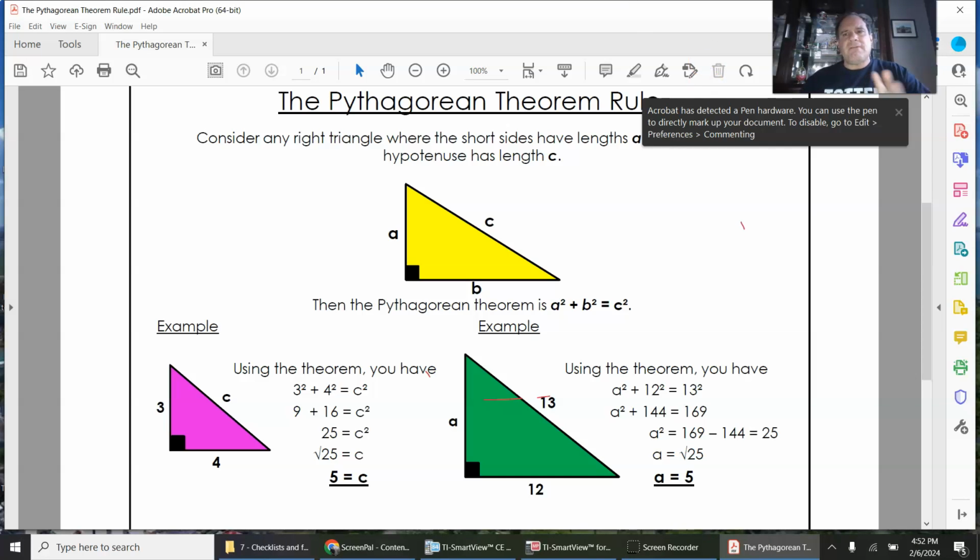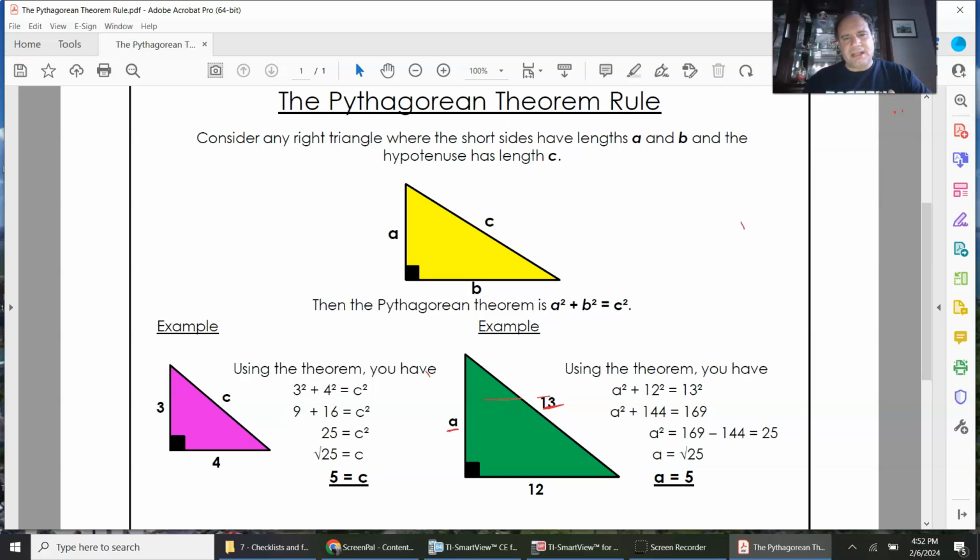On the right hand side, you would just go ahead and find out what side A is, just like that. And knowing that side C and B are given, we would just go ahead and substitute the 12 in as the B and the 13 squared as the C. And then solve it just like you would a 2-step equation.